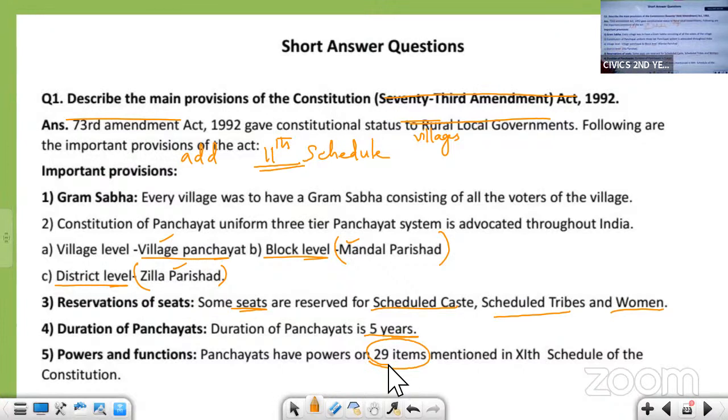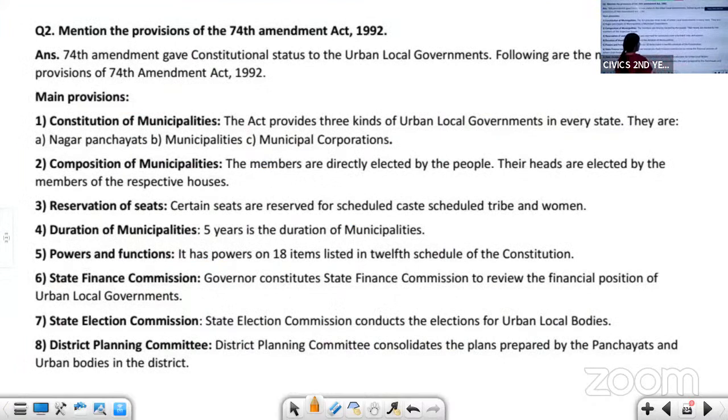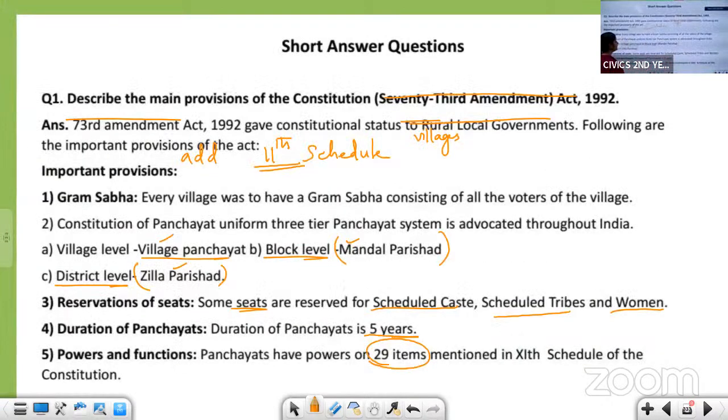I told you, through the 73rd Amendment Act, the 11th schedule was added to the Constitution, and Panchayat has powers to make laws on the items which are mentioned in the 11th schedule. That means street lights, birth and death registration, all that is done at each level.